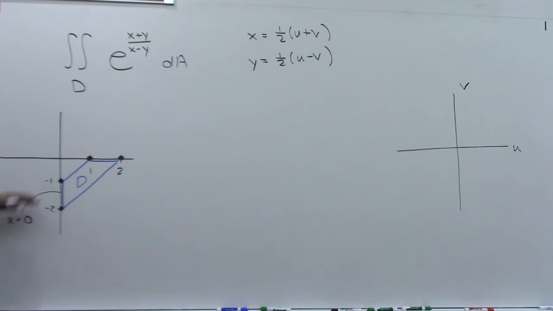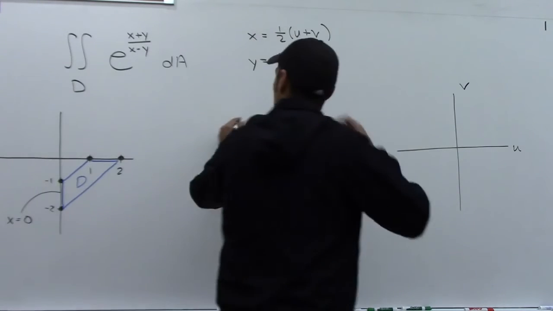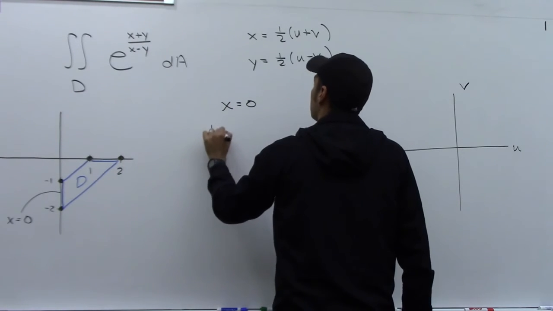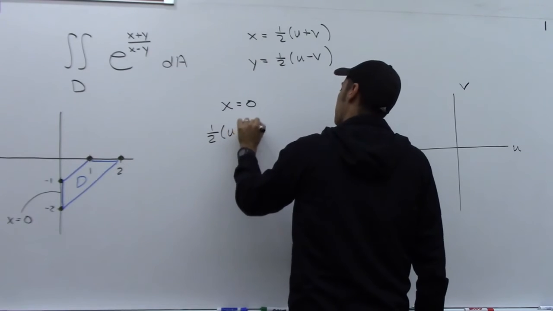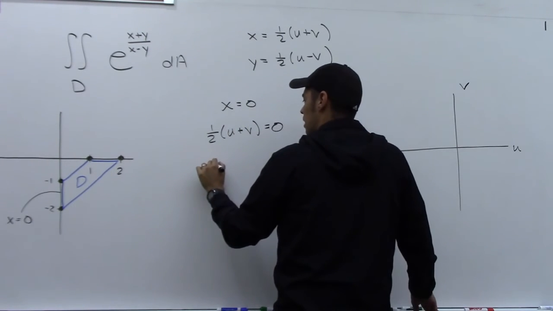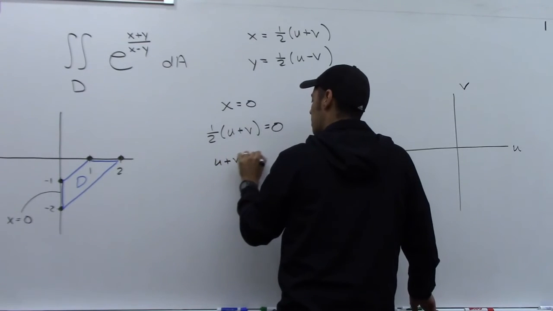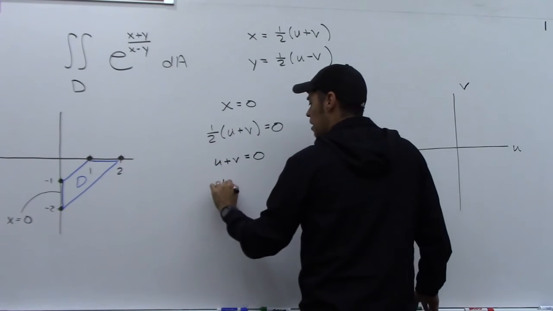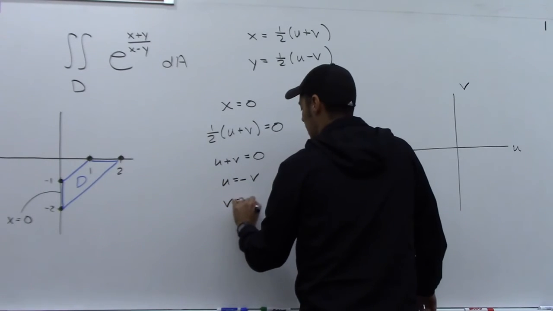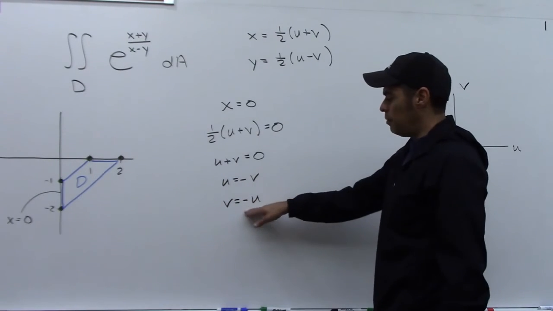And notice that my y values are between -1 and -2. So if I come over here and I write down x is 0, that gives me that 1/2 (u plus v) equals 0. That's this first equation. And then that means u plus v equals 0 if I multiply both sides by 2. So u must equal -v. Or you could say v must equal -u. I think I'll use this one instead.